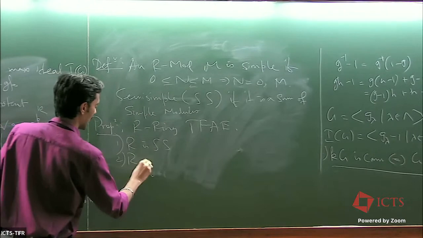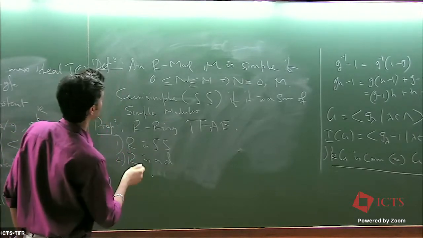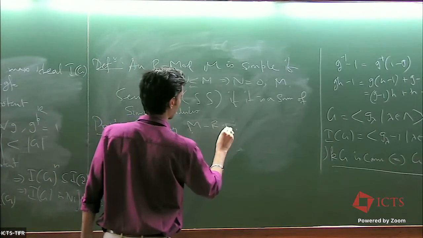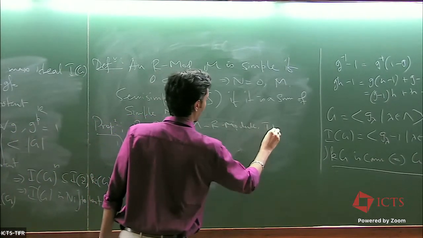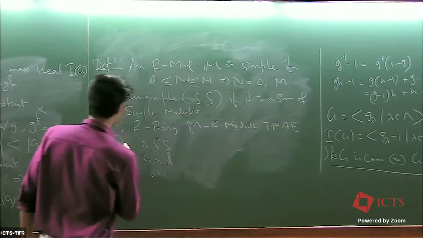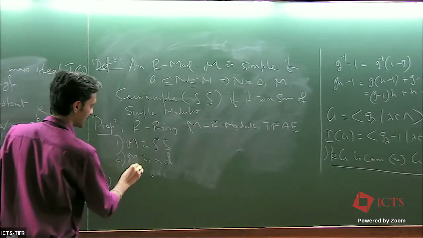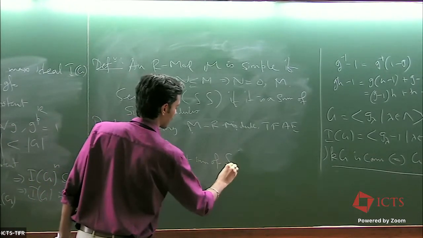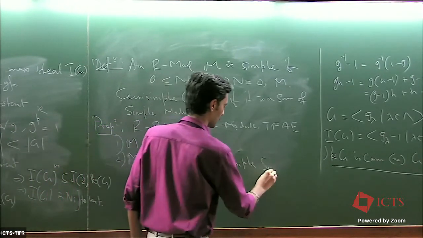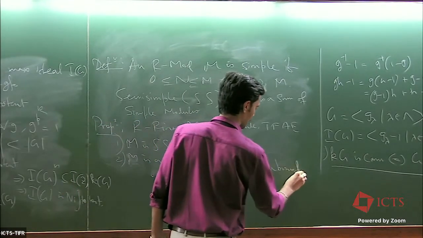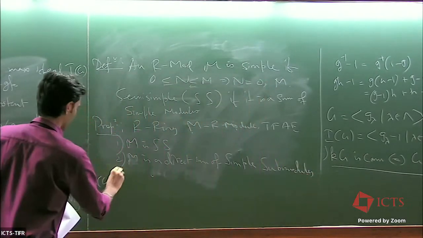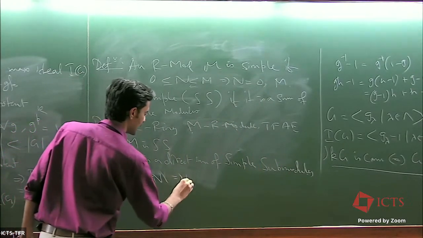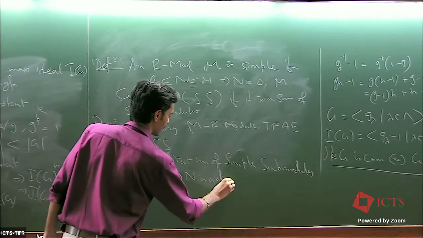Number 2, for a ring R and for a module M, M is semi-simple if and only if M is a direct sum of simple submodules. And number 3, if you have a submodule of M, then it is a direct summand of M.